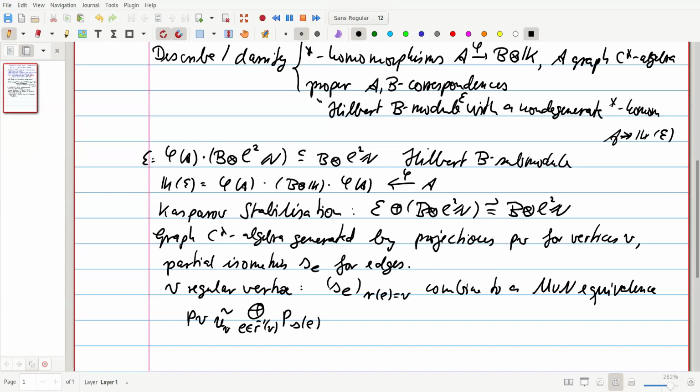And since these unitaries contain all the S_E for all the edges going into V, and since any edge ends somewhere, at least if my graph is what's called row finite, so the range of every edge is a regular vertex.